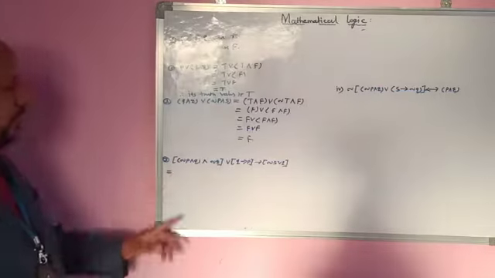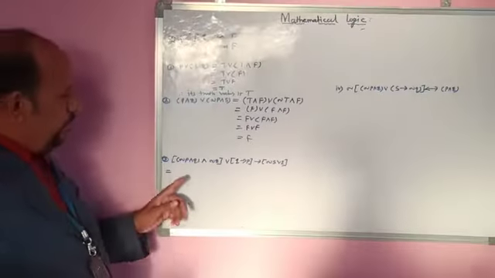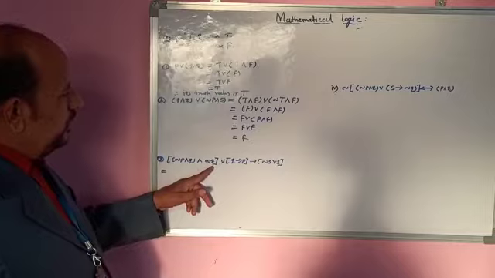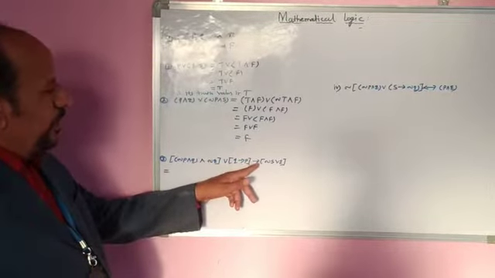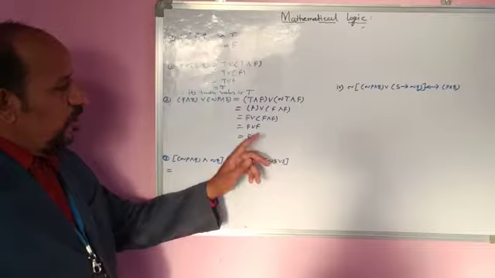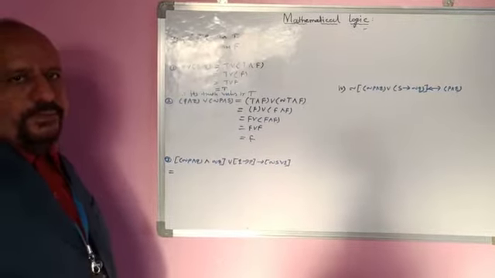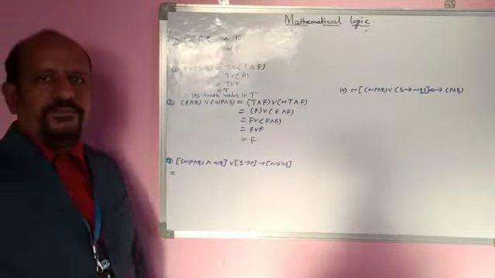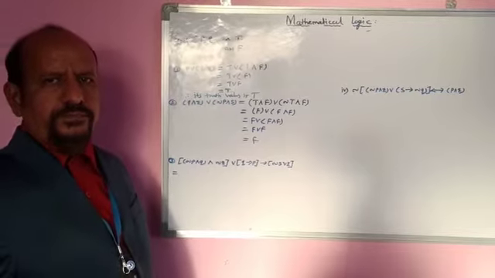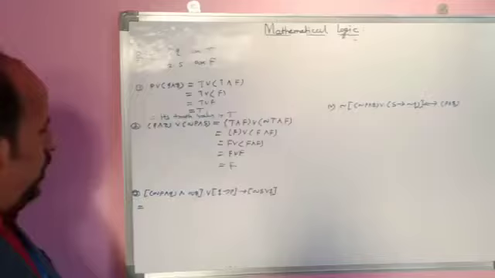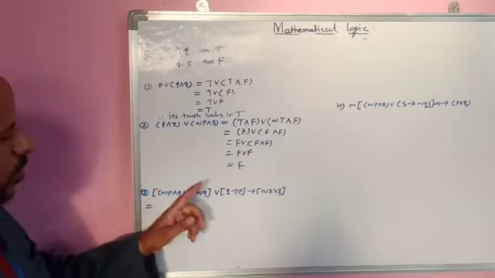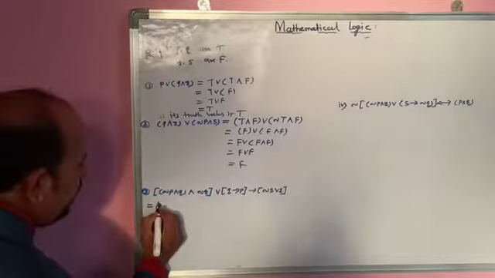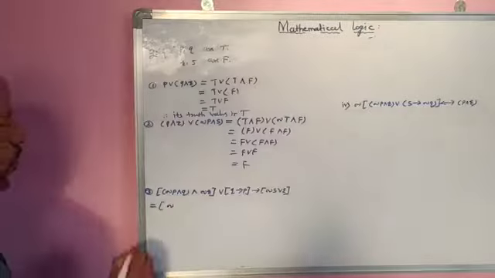Next example, example number 3: negation P and Q and negation R, or Q implies P. We write the values as given above.